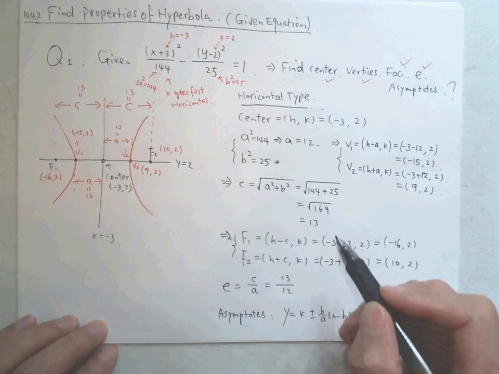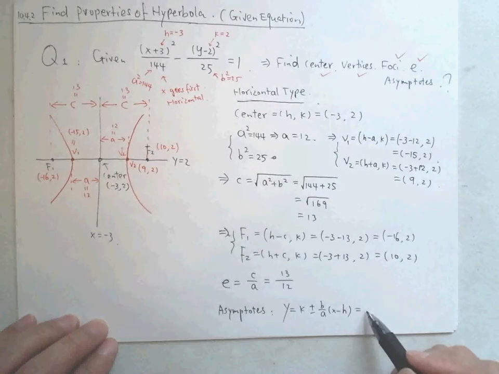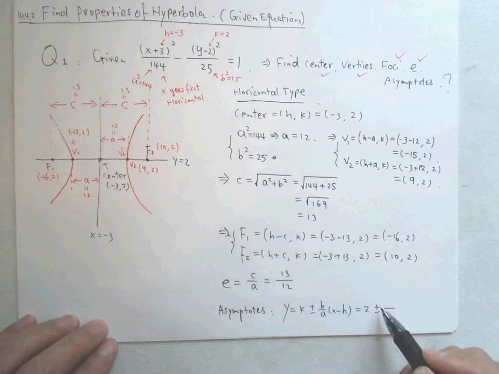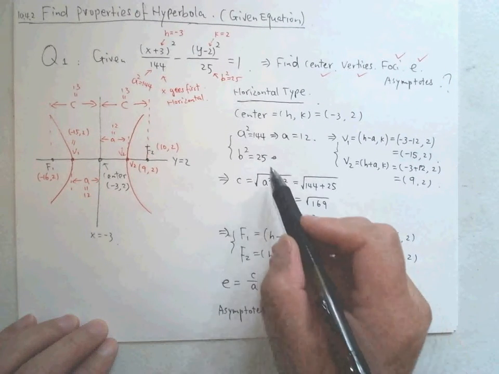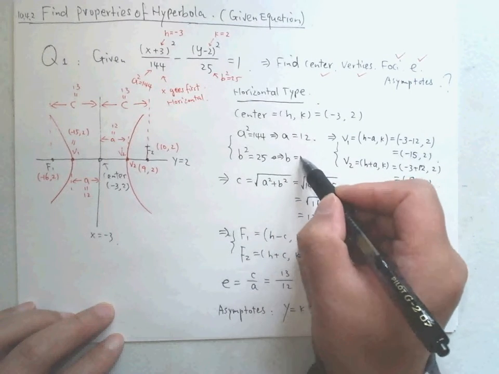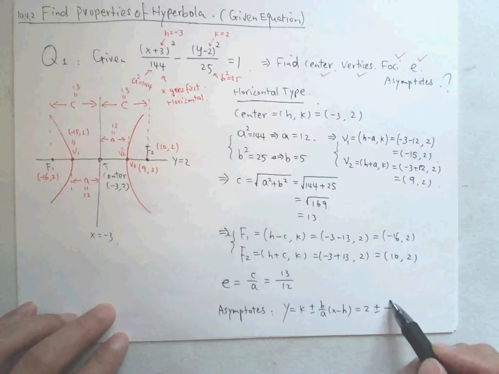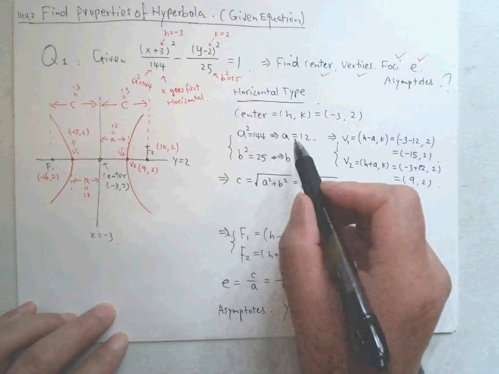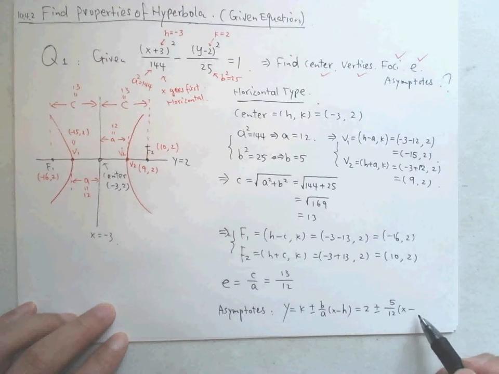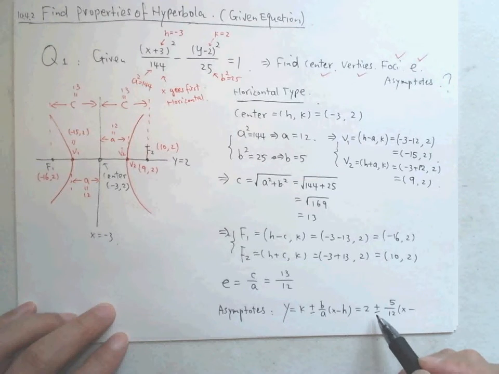What is k? K is 2. Either plus or minus b. Where did we get b? We need to find b first. B is 5, and a we found is 12. Then times the parenthesis x minus h.